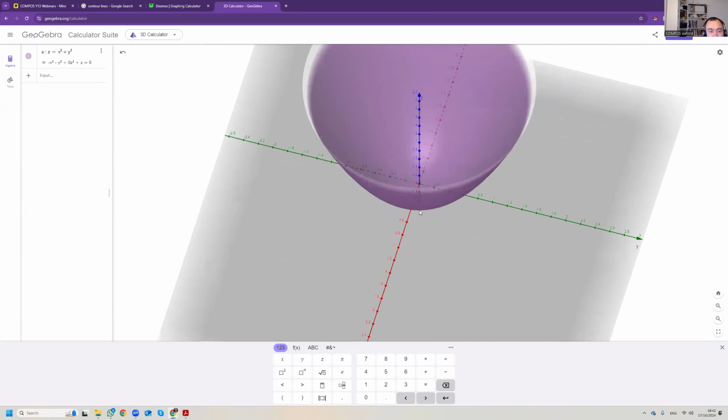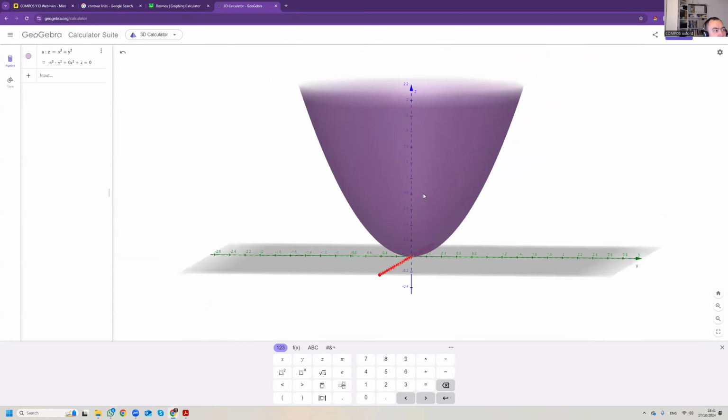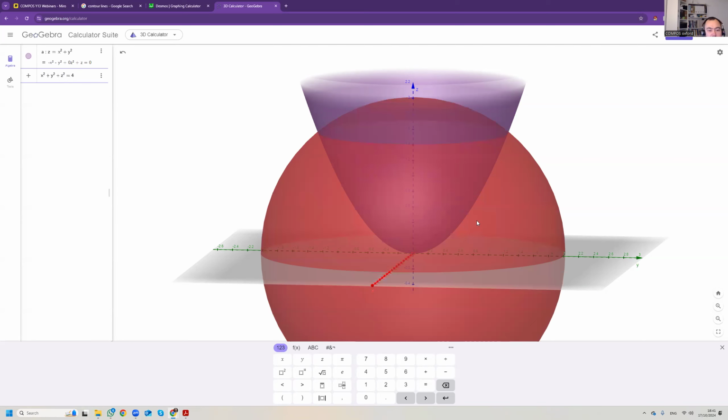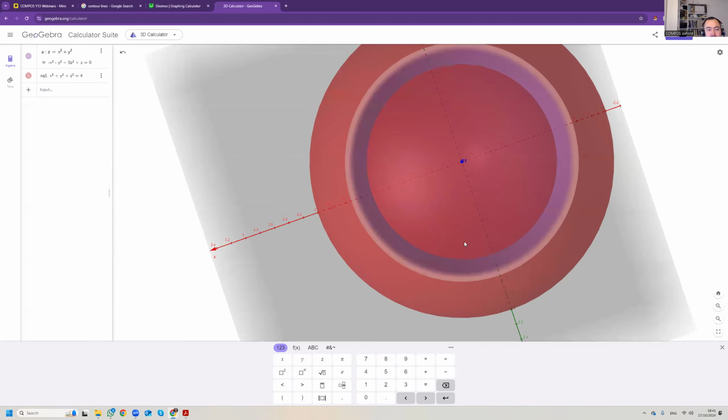How would you plot a sphere? That would be x squared plus y squared plus z squared equals, I don't know, 25. No, not 25, 4. Yay, it is a sphere.